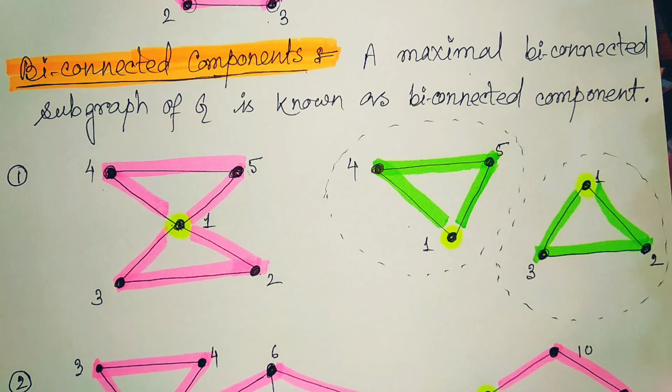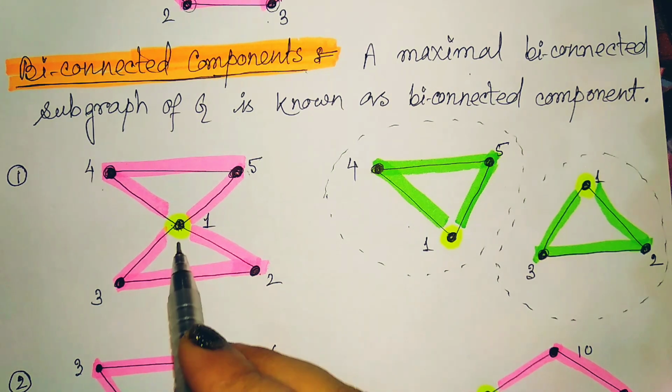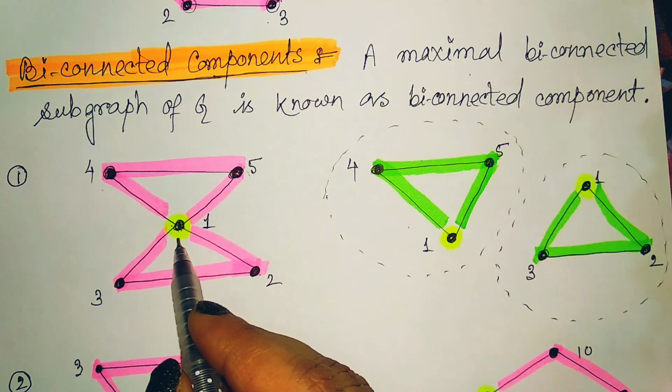One thing you should remember here: for biconnected components, no edges should be common among them, but vertices can be common, and those common vertices are the articulation points.